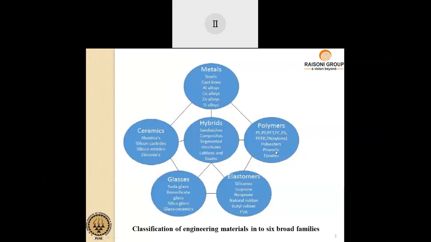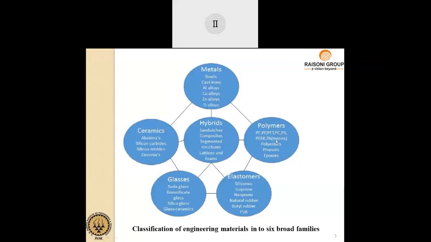For ceramics, a few examples are alumina, silicon carbide, silicon nitride, zirconium. For hybrids, we have sandwich materials, composites, segmented structures, lattices and other things. Then for polymers, a few broad names are there.